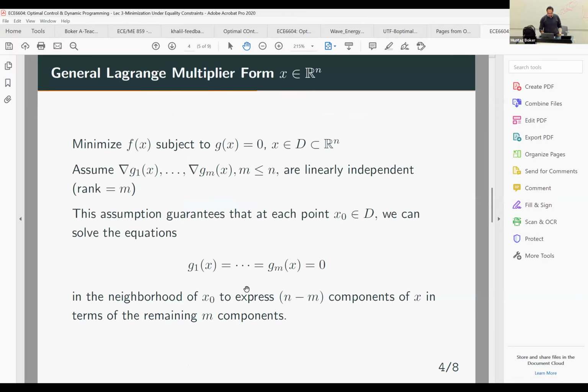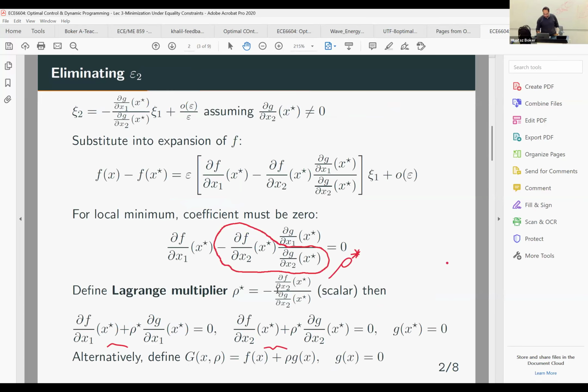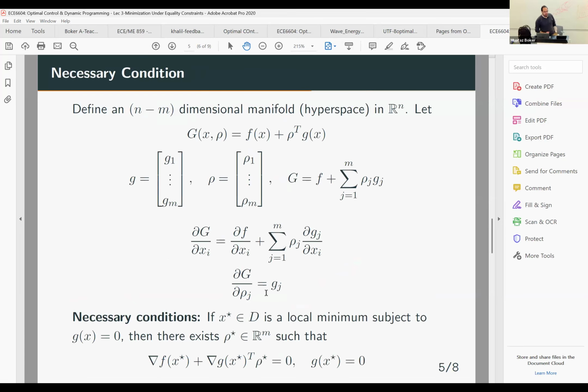And in addition, you differentiate G with respect to the Lagrange multiplier, which is going to be equal to the constraints, right? Because if you look here, if you differentiate this with respect to the Lagrange multiplier rho, you have dG over d rho is equal to just g of x. The other term is equal to 0 because it doesn't depend on the Lagrange multiplier. Okay? So this is why we have that, and this is why we have that here.